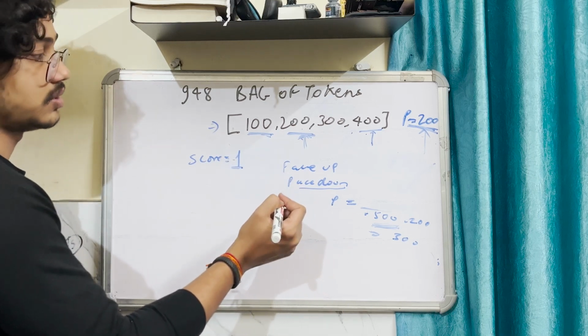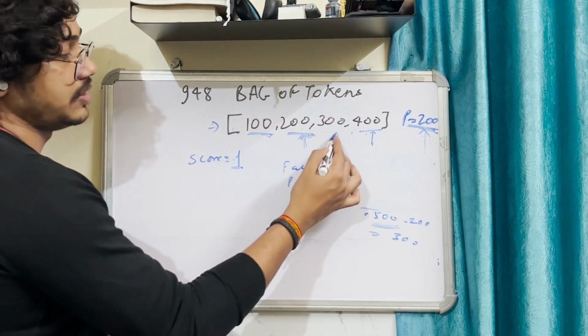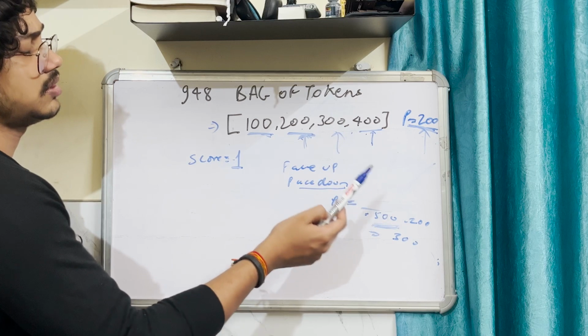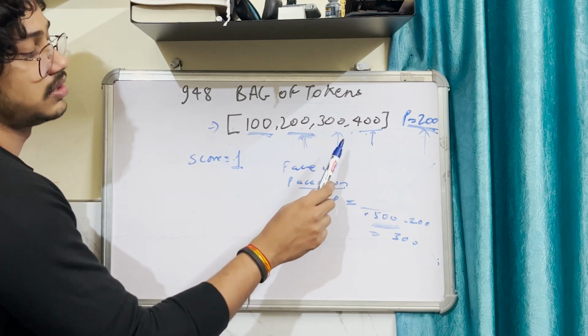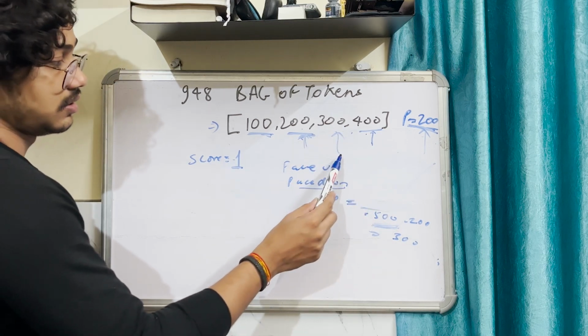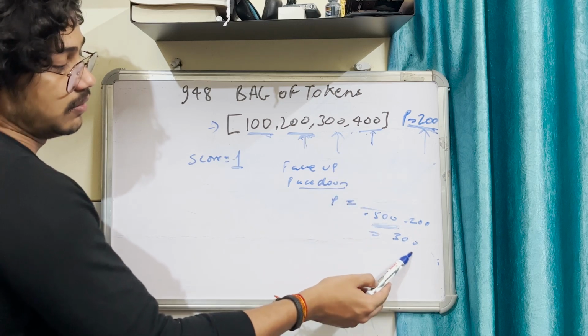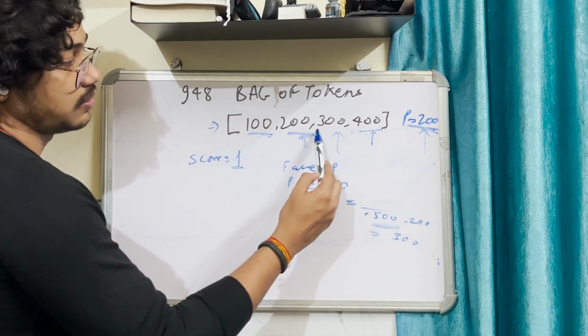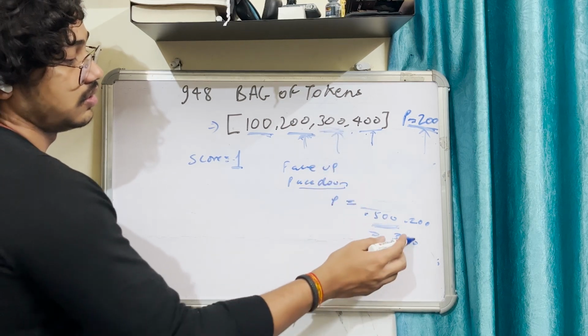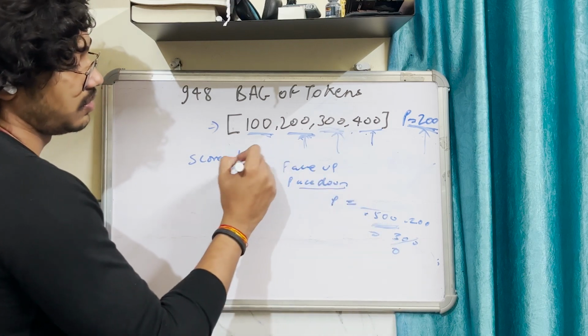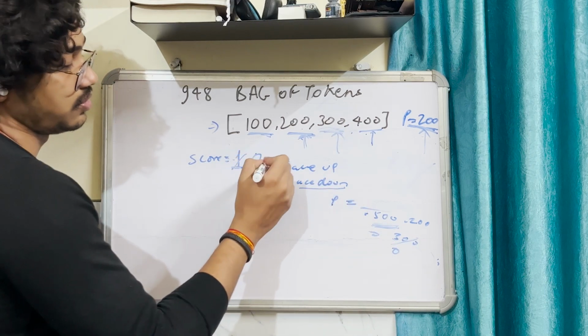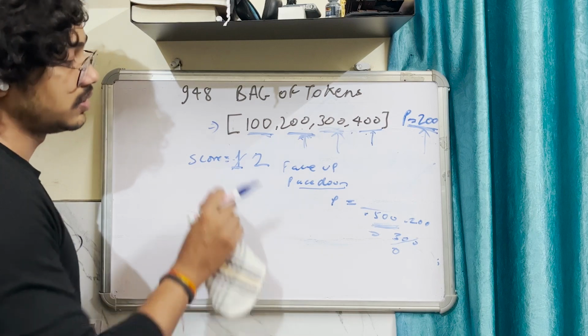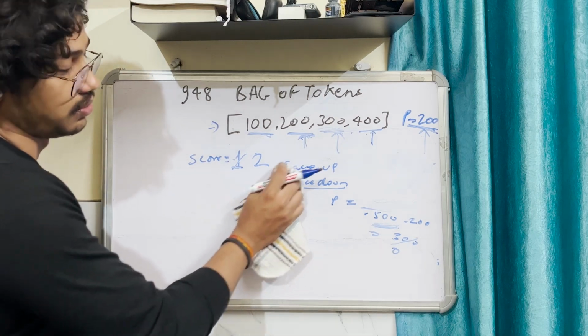Then we check: can we get the next token? Yes, because power is 300 and the token is also 300, so power changes to 0 and the score increases by 1, so it changes to 2. For this question, the answer was only 2.